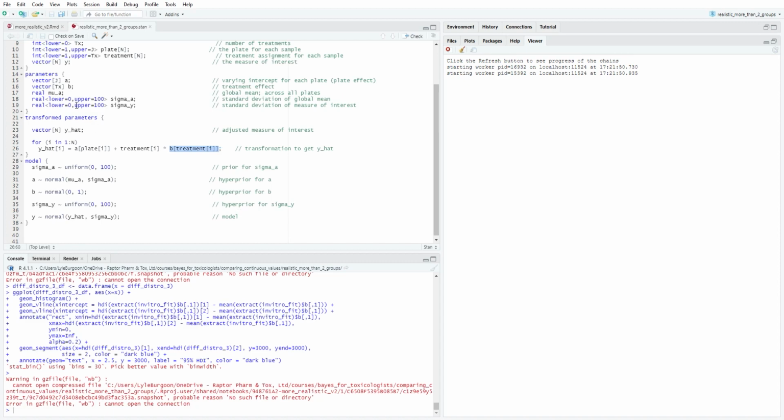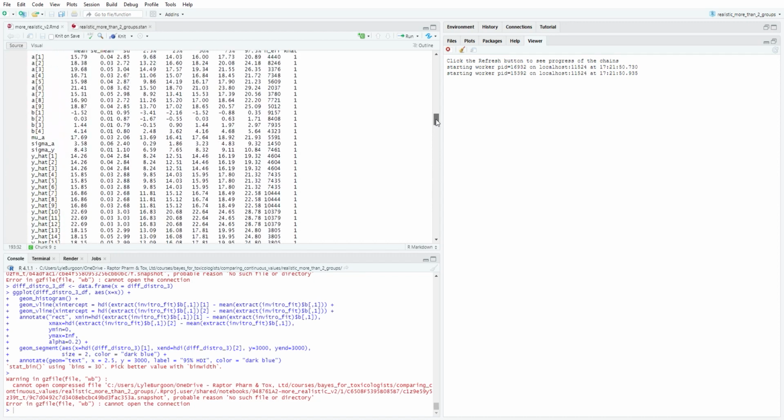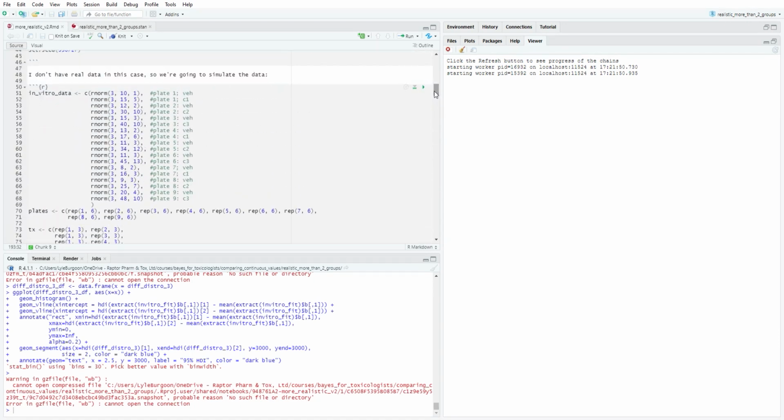Now, I will say this example is highly unrealistic. In my experience, it's pretty rare for us to find a study where they're going to do 3 replicate plates for every single concentration. That's pretty rare. I've seen 2.